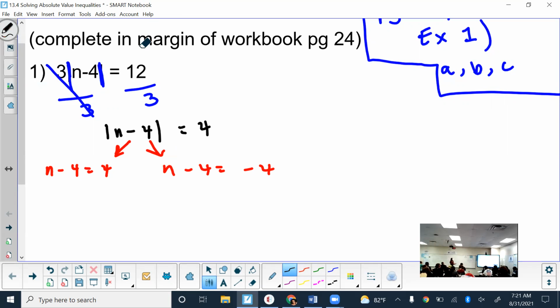What would I do? So this is kind of like a side question. What would I do if at this point, when I isolated the bars, I had a negative? All right, good. So yesterday we learned that if we have the bars isolated and it equals a negative, then it's no solution. All right, so I'm just gonna write that off to the side.